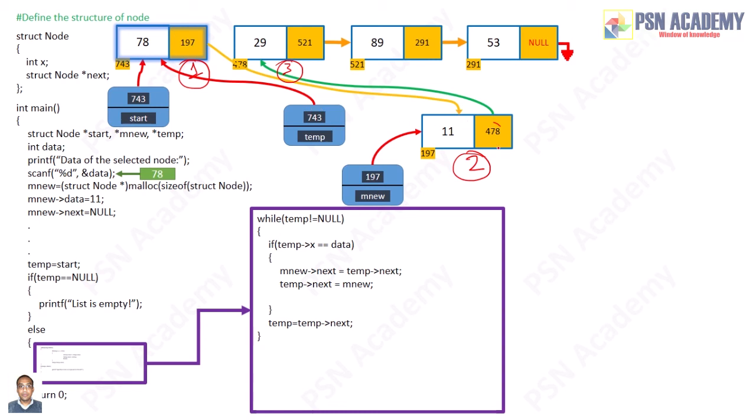That means your new node has been inserted properly after the node where 78 is found. So your job is over now. So since your job is over, so you write a break here because there is no need to move temp further.